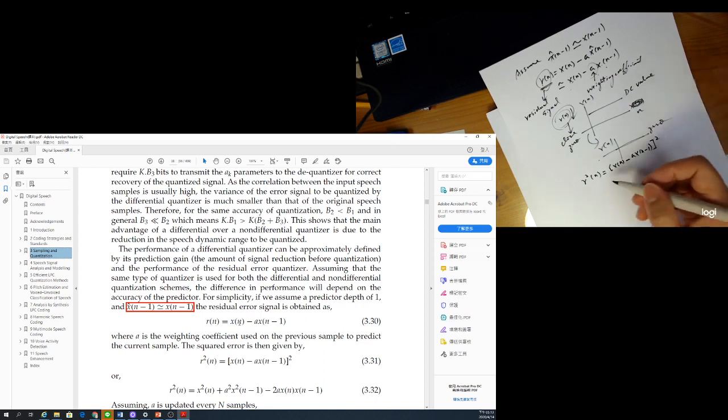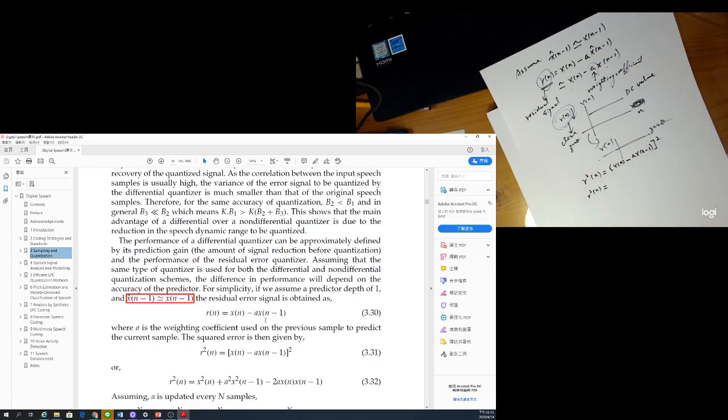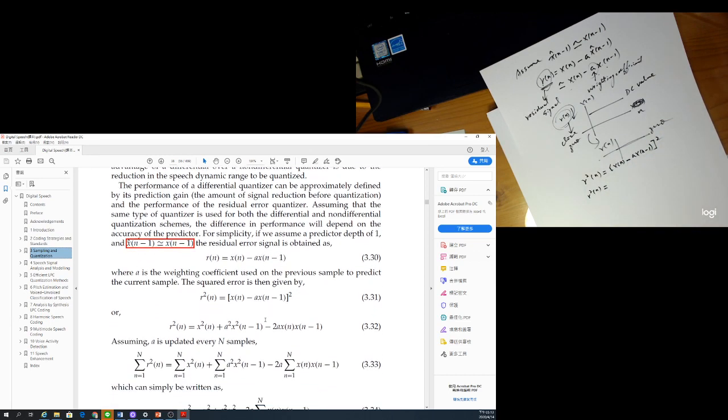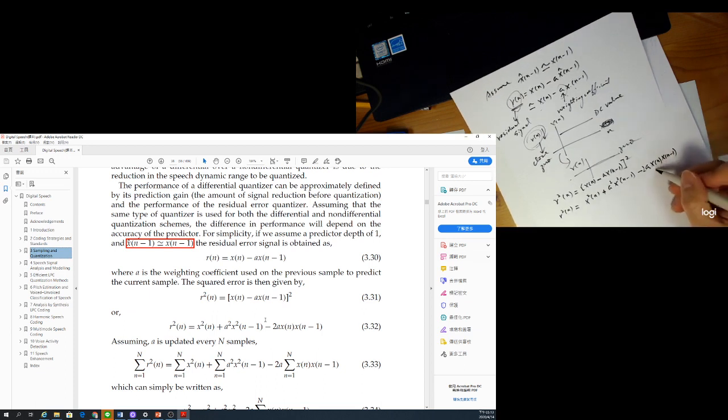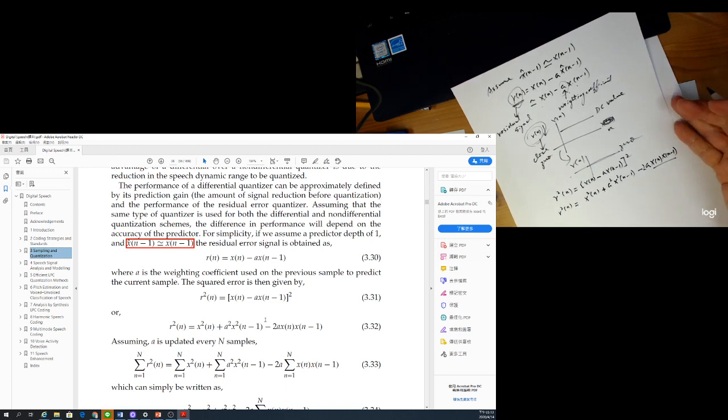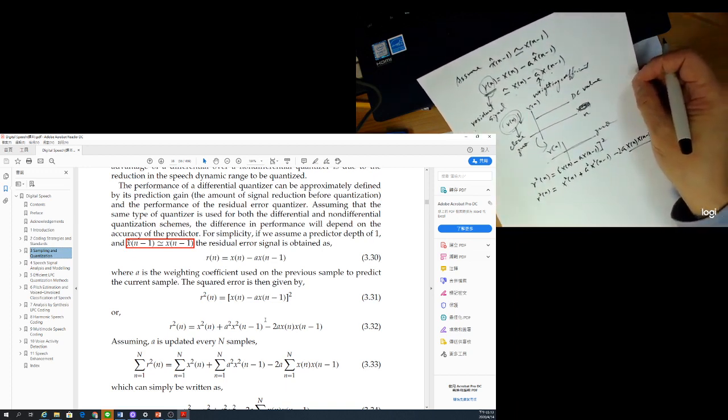If we expand R square of n, you can see S square of n plus a square S square of n minus 1 minus 2a S of n S of n minus 1. This term is like the neighboring signal correlation.